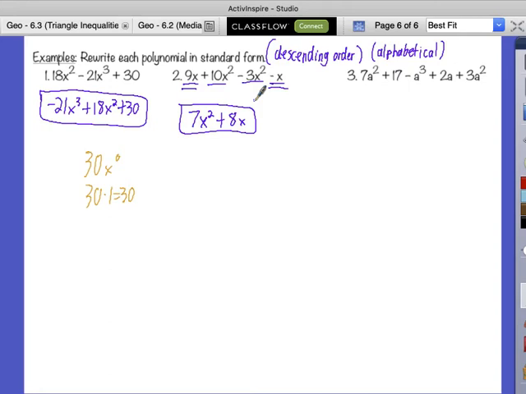Okay, Trinity, what's your thought? Okay, 2a, explain why you would put 2a first. It doesn't have a variable, it has a variable, but doesn't have an exponent other than 1. Okay, what have we put first on the first one?